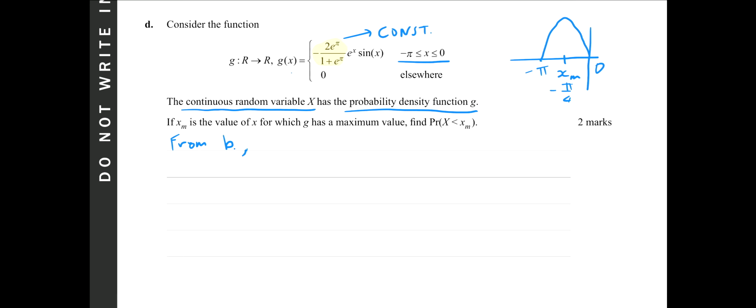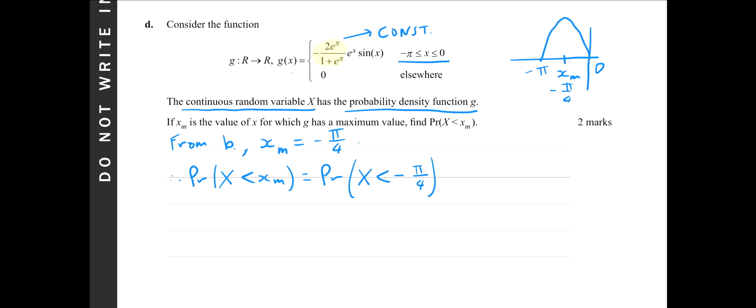So our first line of working is from part B, xm would equal negative pi on 4. So therefore, Pr of x less than xm equals Pr of x less than negative pi on 4, and this would equal the integral.